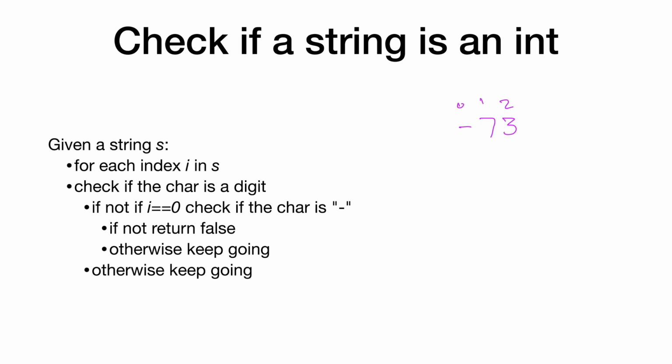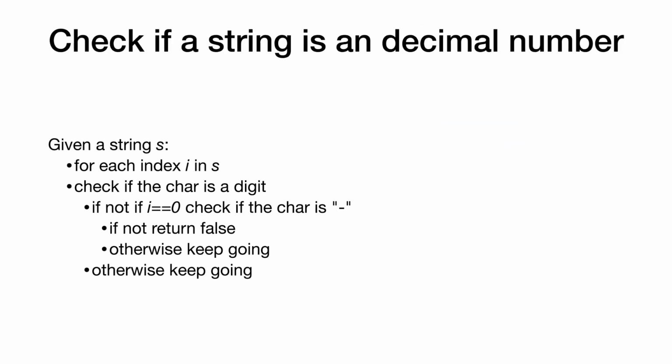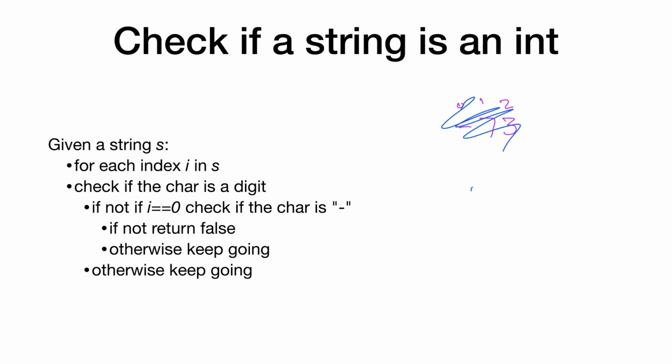Similarly, if we gave it x41, x is not equal to that, so we would return false. So that's how to check if it's an integer.